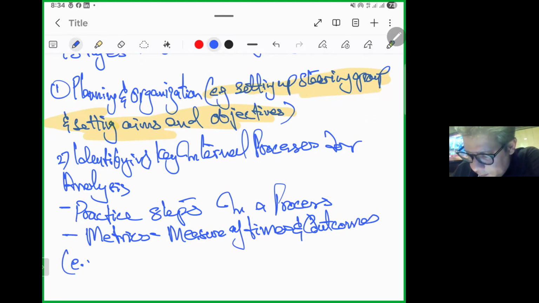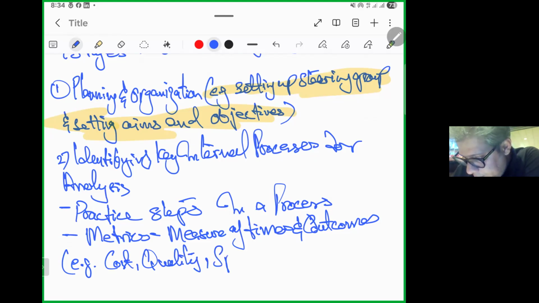Example: cost, quality, speed, and reliability.